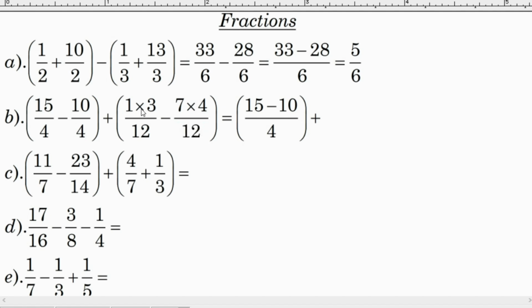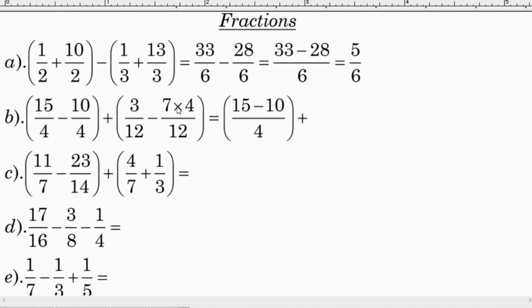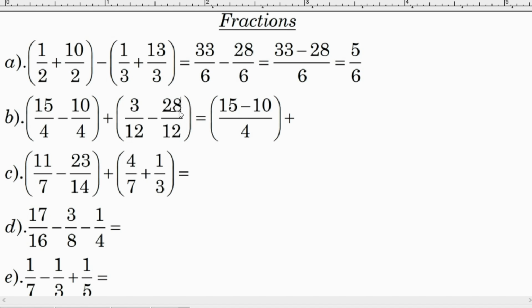Okay, so here is equal to 3. 7 multiplied by 4 equals 28. Okay, so now we just put the same denominator, which is equal to 12, and then take 3 minus 28.